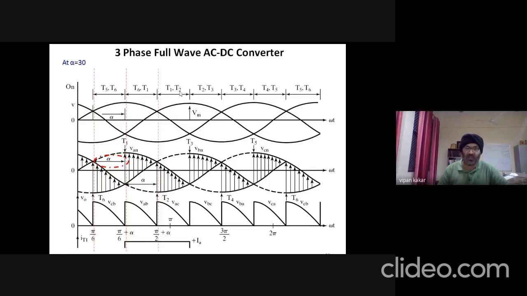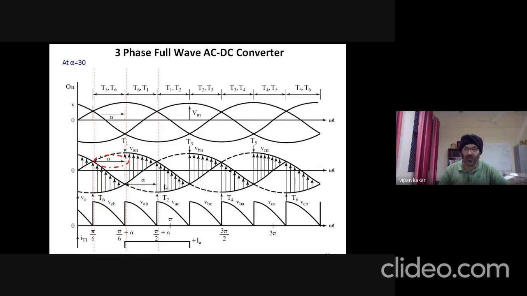Now this T2 is paired with T1. Now these T1 and T2 are between two phases, which are VAN and VCN, A and C. So VAN minus VCN will be received at the output, at the load. And if we change the value of alpha, this value at the output will be increased or decreased.